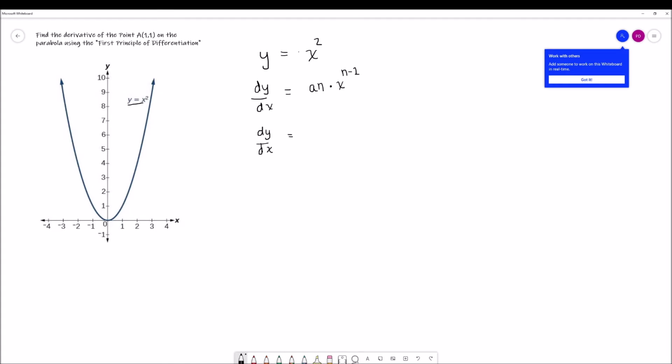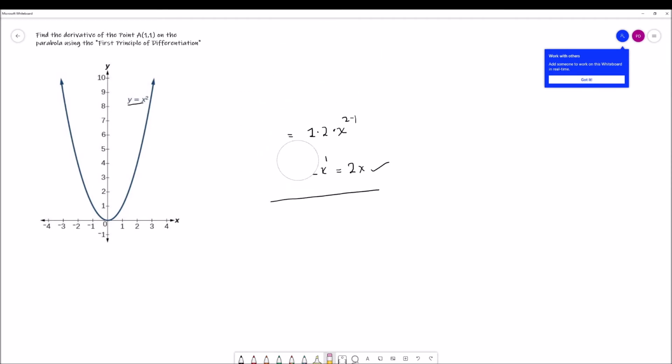Since our coefficient is 1, we can say 1 times 2 times x. The power is 2, so 2 minus 1. So the derivative of y with respect to x is actually 2x, with x to the power 1. And we're done. Okay? So let me show you how to do this using the first principle.